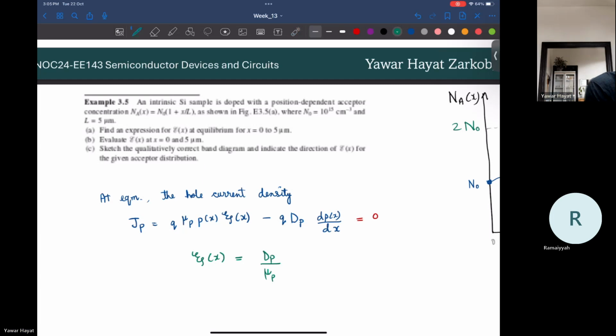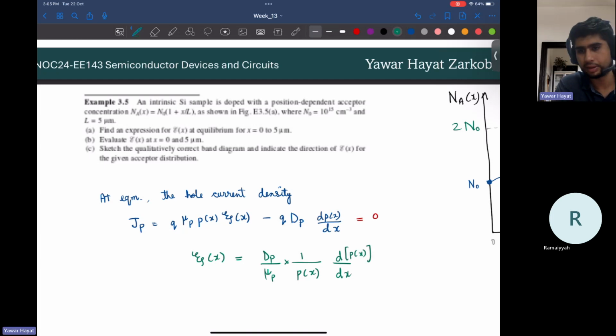Wait, what else? Is this fine? Your electric field E of x would be given by this expression. Clear?